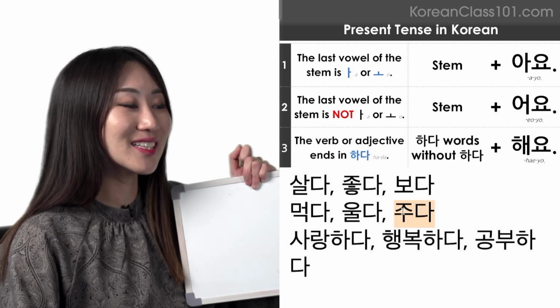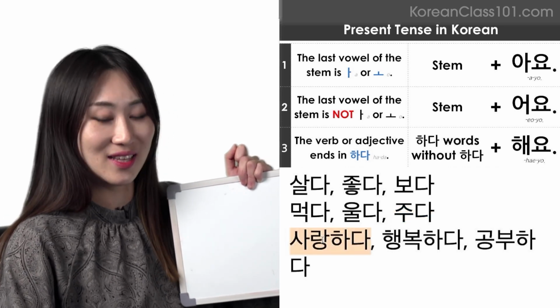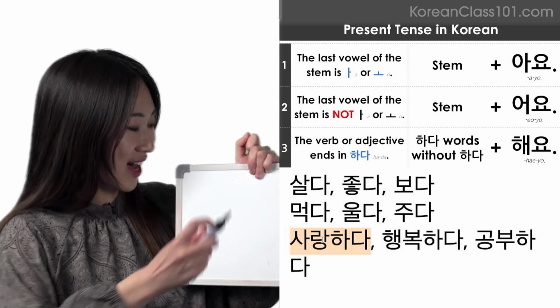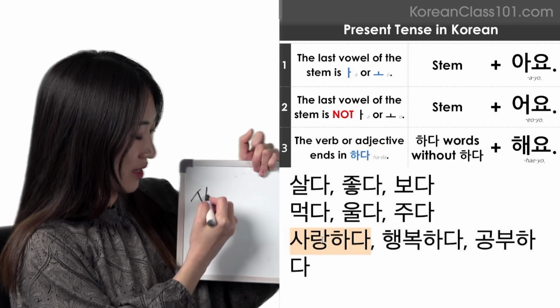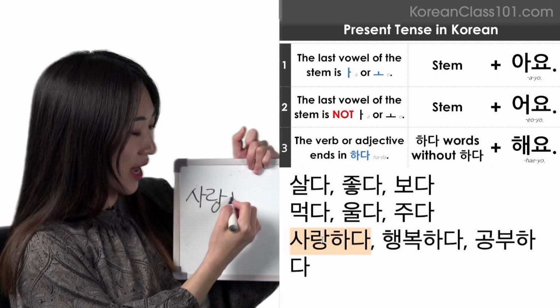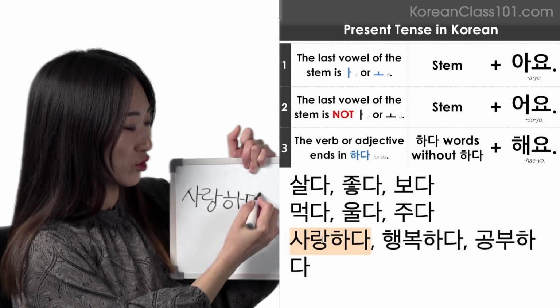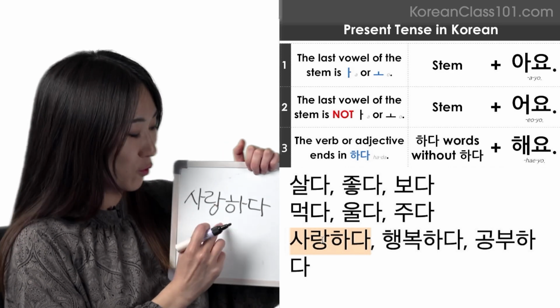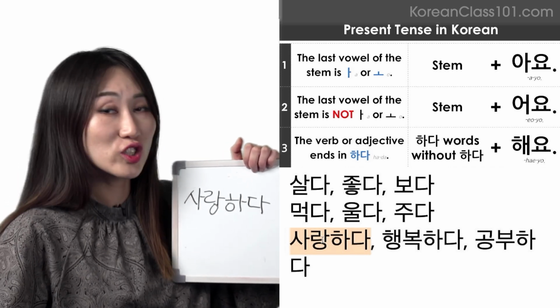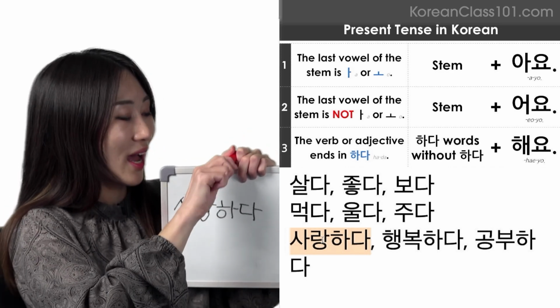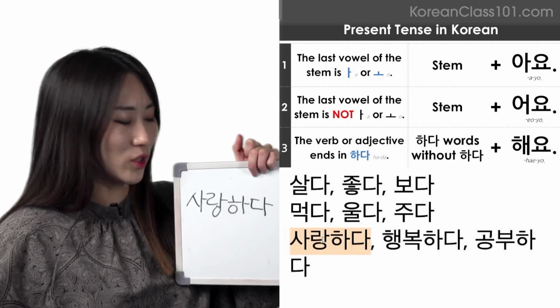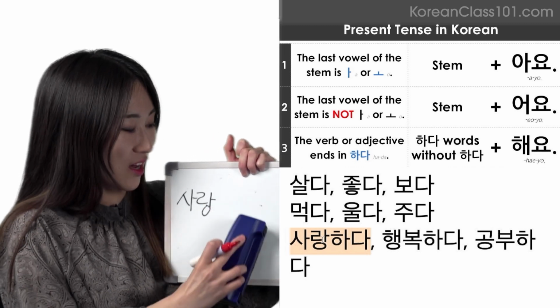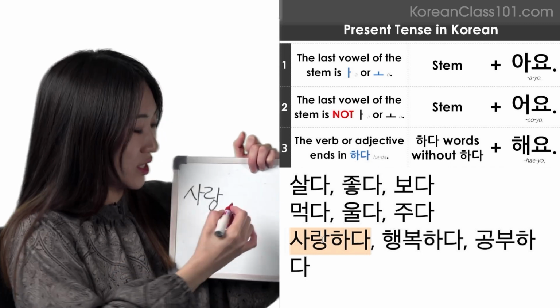Now let's look at these ones. How about 사랑하다? It means to love. 하다 verbs are very simple. For 하다 verbs, you just need to remove 하다 at the end and replace 하다 with 해요.